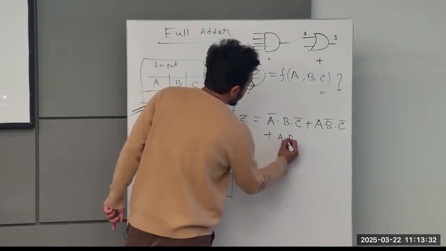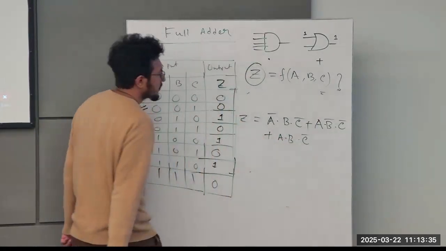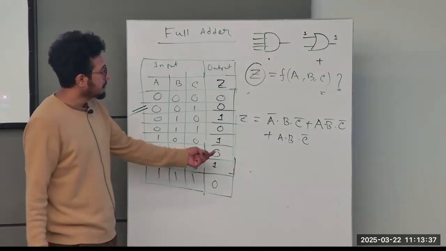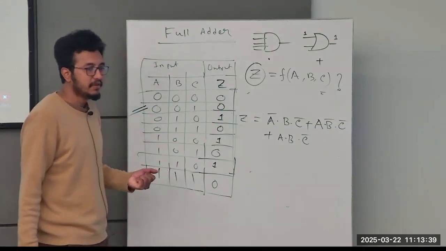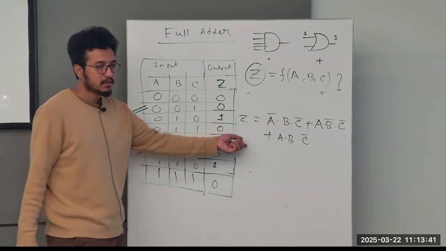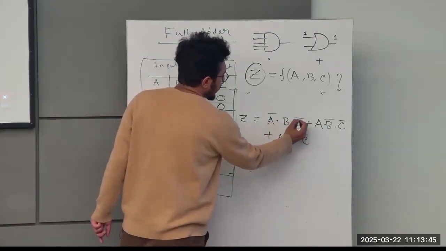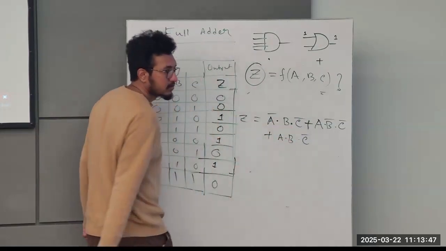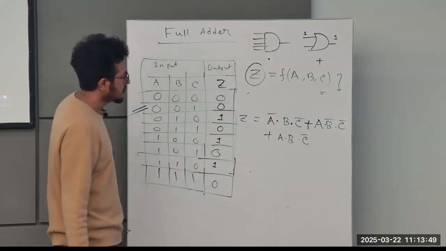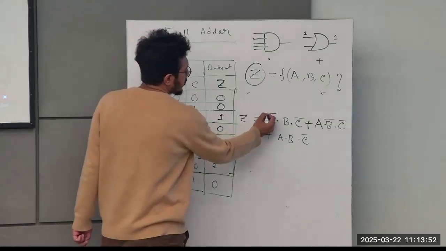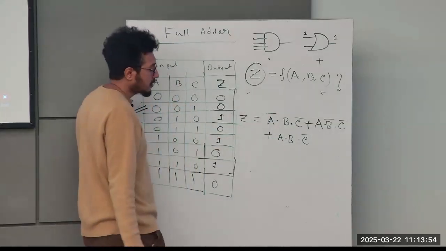A, B, C naught. Now, if I tell you to draw the gate level circuit of this, you can easily do that, right? Because these are AND, and this is an OR. And this is NOT, right? What is NOT?